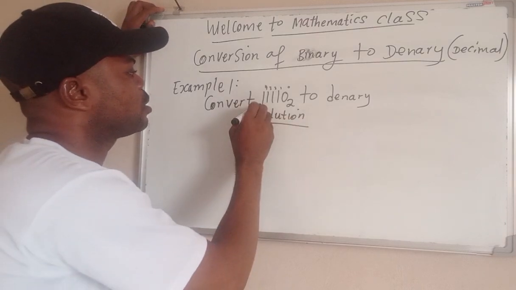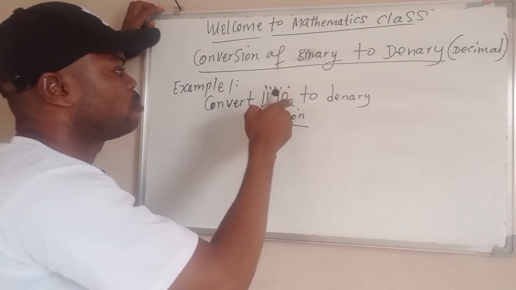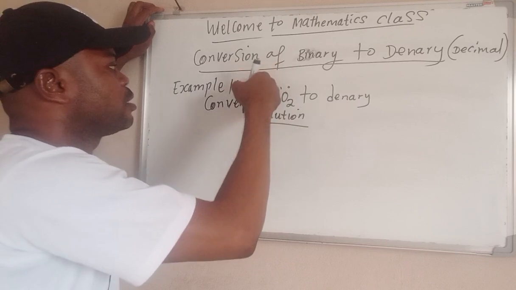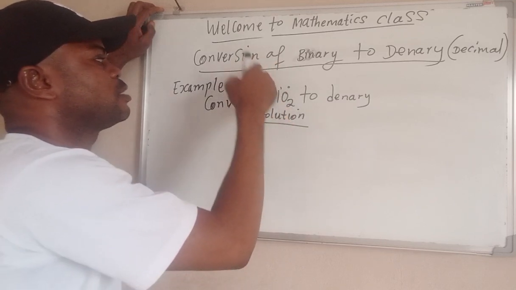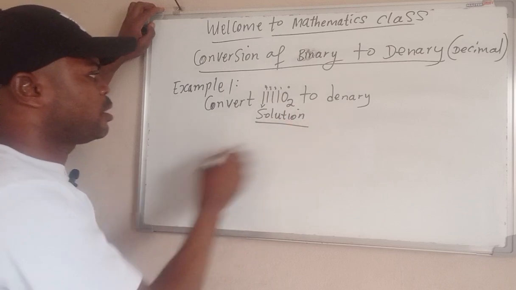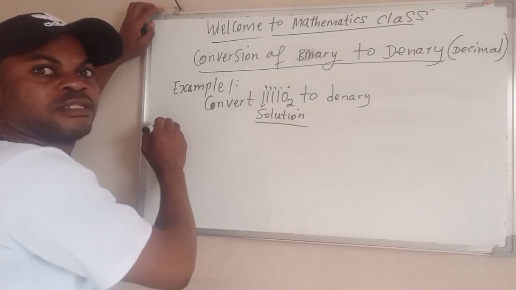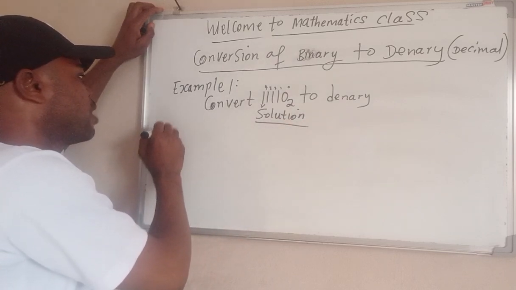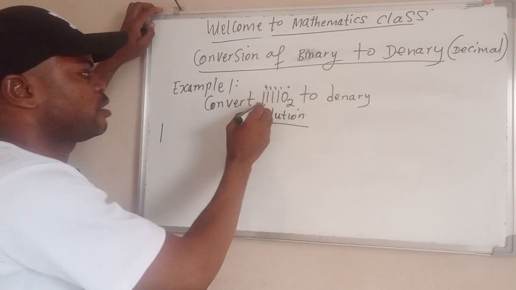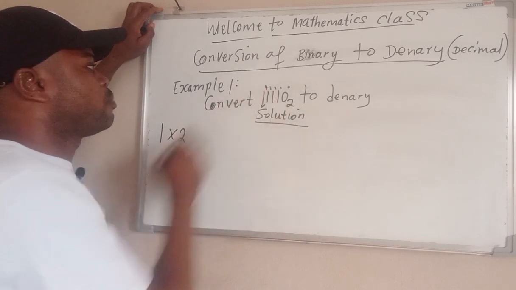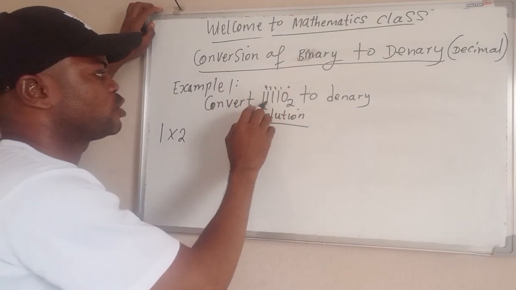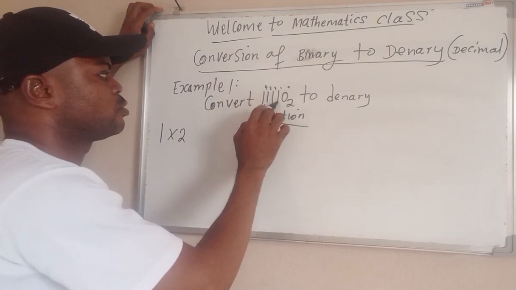Simply take the first digit, multiply with the base, and take the power. So what do I mean? You write 1, the first one here, multiply with the base, raise to the power, or simply count the remaining digits: 1, 2, 3, 4.